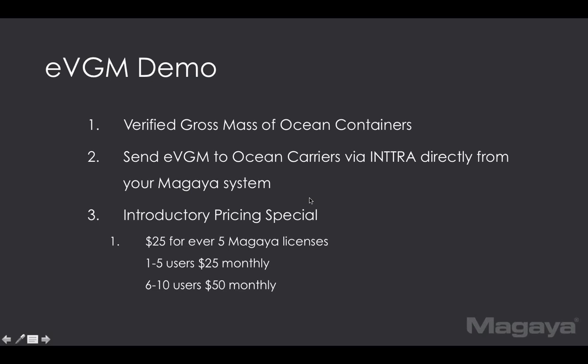You get a confirmation email back from Intra, and Intra delivers the EVGM to all carriers, even the ones that aren't part of the network. To the ones that are outside of the network, they deliver it via an email. Okay, and we have actually changed our Intra pricing, and we have a pricing special that Jose will cover now.